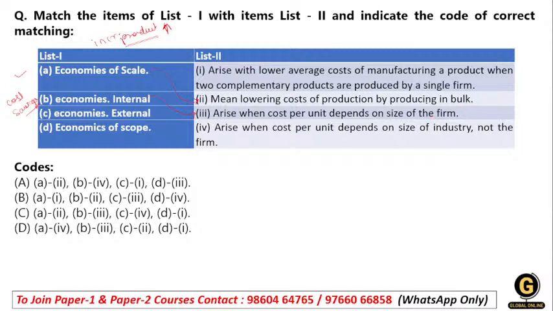Then external economies arise when the cost per unit depends on the size of the industry, not the firm.